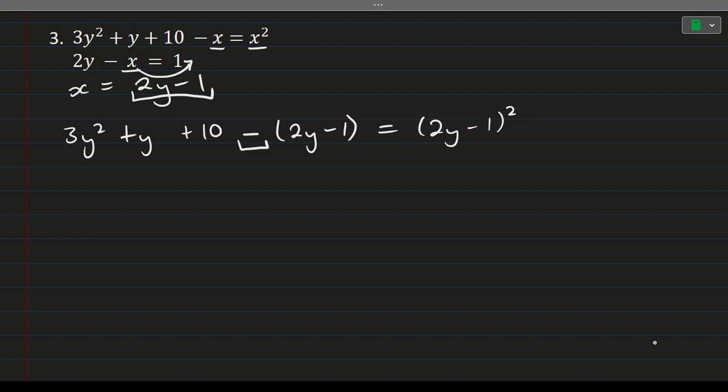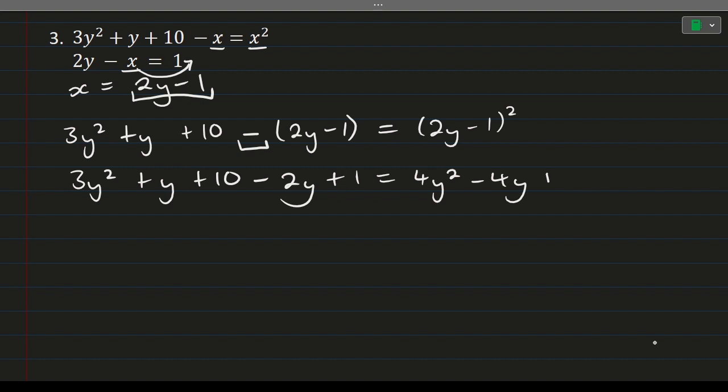Okay, now let's expand. This becomes 3y squared plus y plus 10 minus 2y minus minus 1, which is plus 1, is equal to, let's expand that bracket, becomes 4y squared minus 4y plus 1. Let's put everything on the left hand side, so it becomes 3y squared.